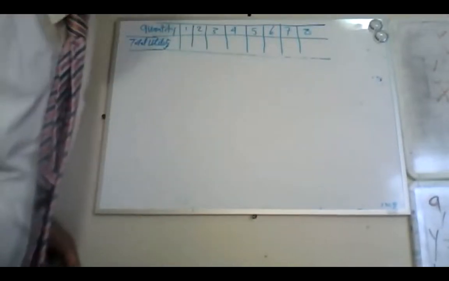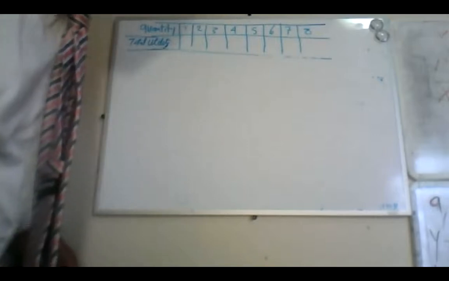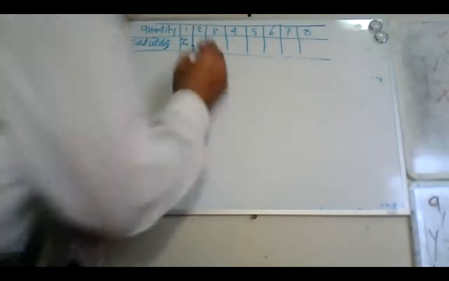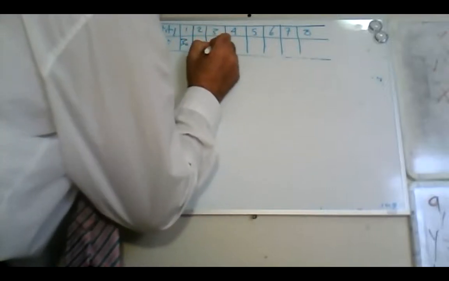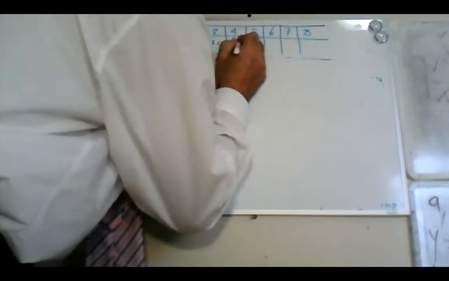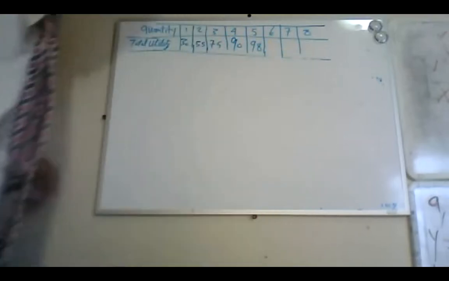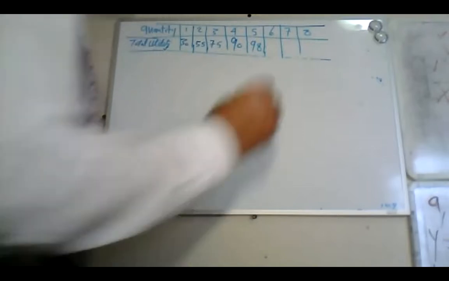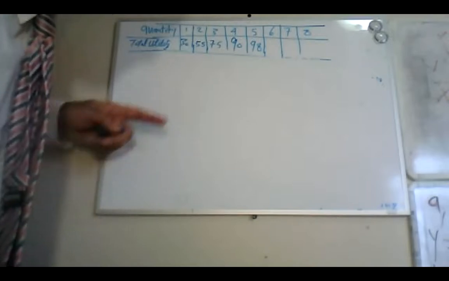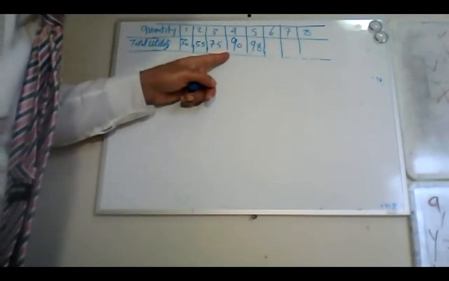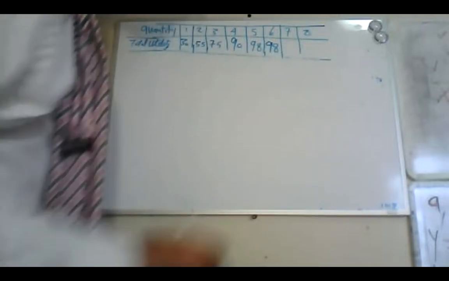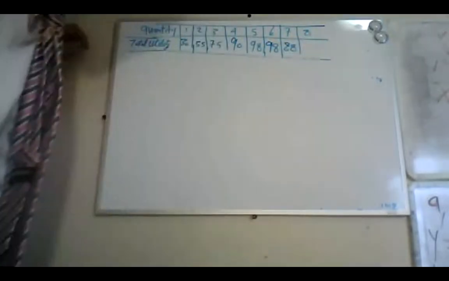And the total utility is 30, 55, 75, 90, 98, again 98. Then we have 88, and we have 63.